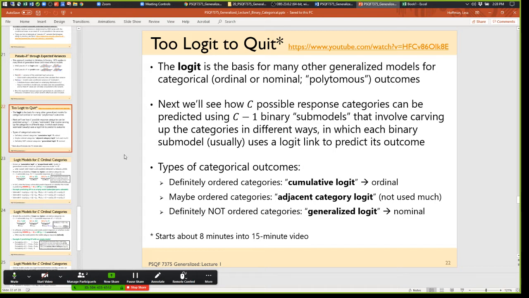Now, what kind of outcome should you have? That's a whole separate discussion, right? When you're designing a study and you get to make those choices, whether to ask a question using ordinal responses versus asking for exact information, there's a whole field of literature on that known as survey research methodology, how to design good questions and good answers.